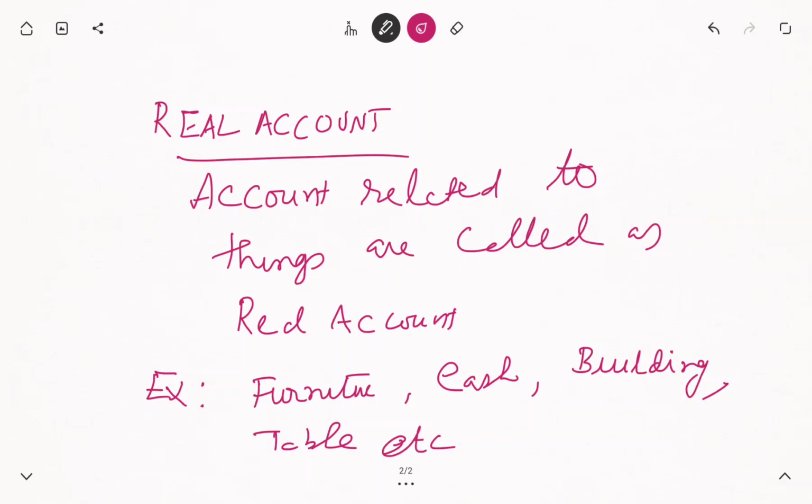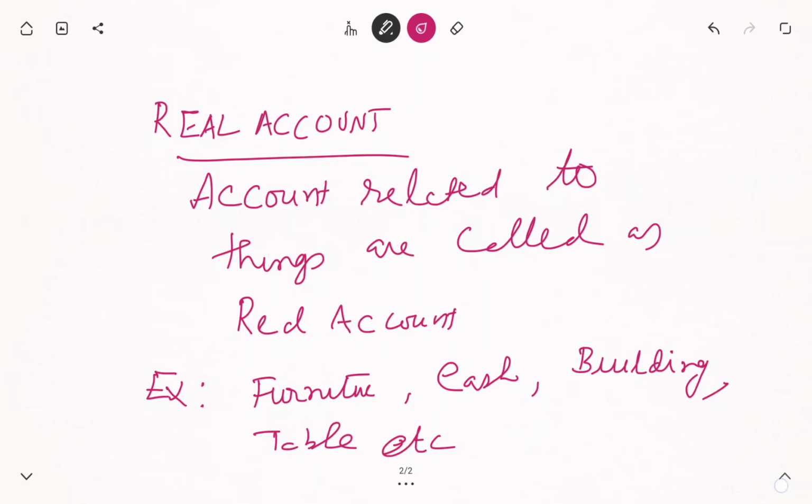Here things means it represents movable or immovable. Cash is a movable item. Furniture is a movable item. Table is a movable item. Building is immovable, but it comes under things aspect. That's why it belongs to real account.